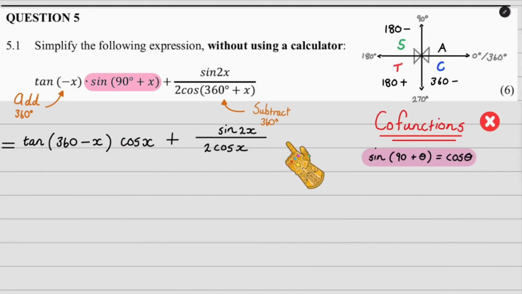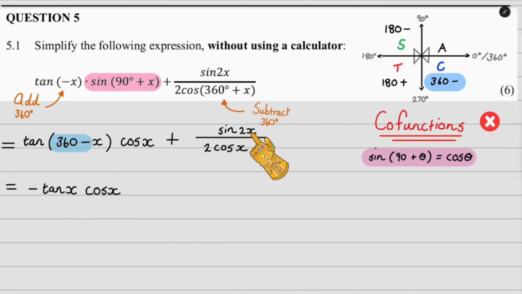Okay, now we're going to start to tackle them individually once again. So tan of 360 minus x is inside the 360 minus quadrant. And in the 360 minus quadrant, only cos is positive, which means tan will be negative. So this will change into negative tan of x. This cos x is simplified as far as possible, so I'm just going to leave it there for the time being. And now the sine 2x, I'm going to expand with double angles.